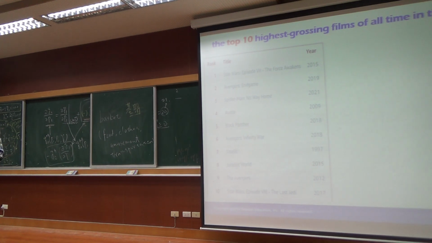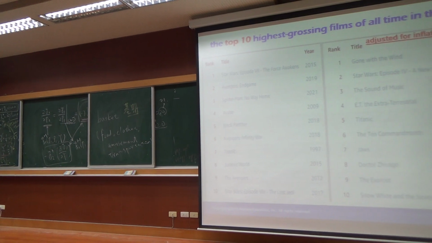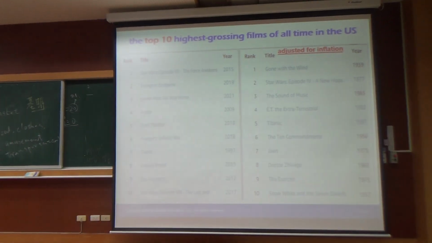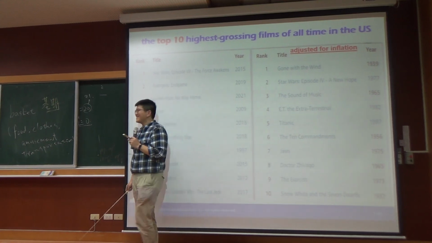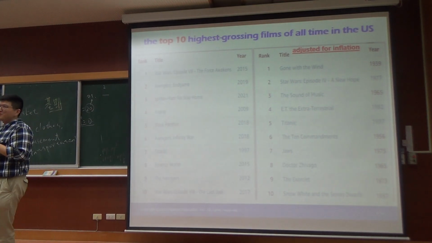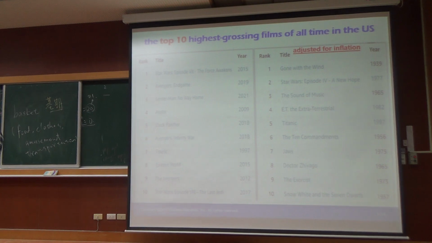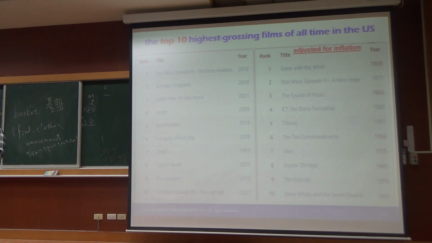However, if we adjust the grossing with CPI, something different. Gone with the Wind. Do you know this movie? 乱世佳人. Have you ever heard that? It's from a novel, 飘.